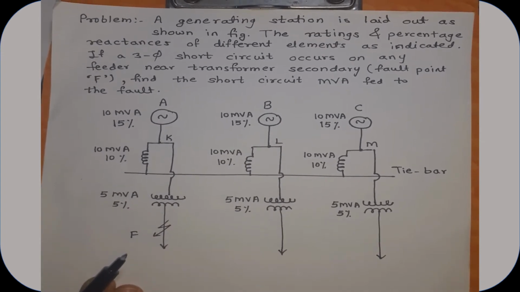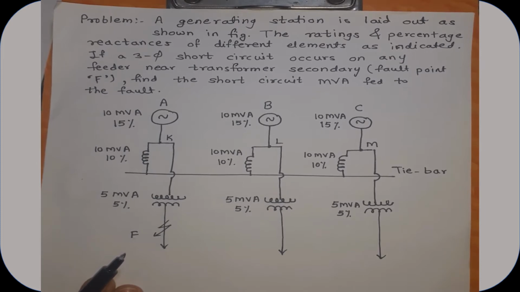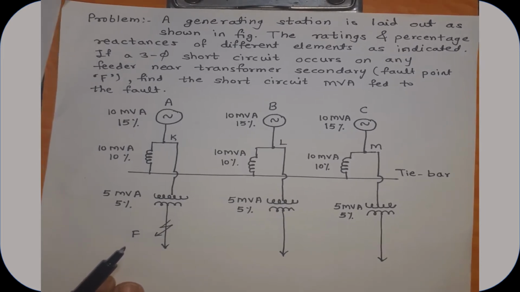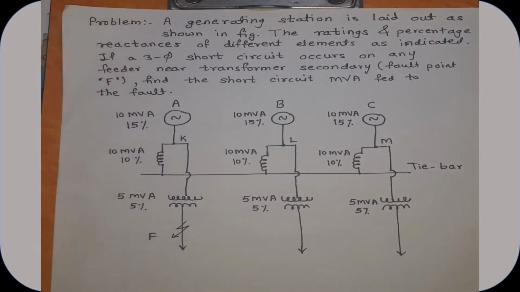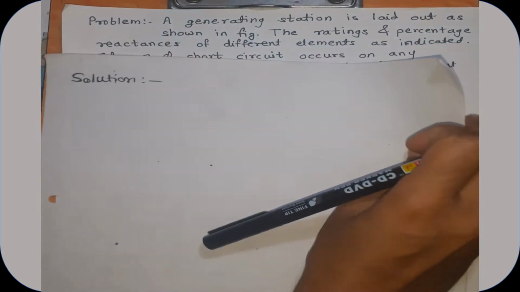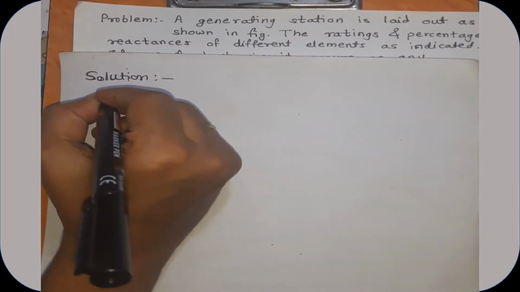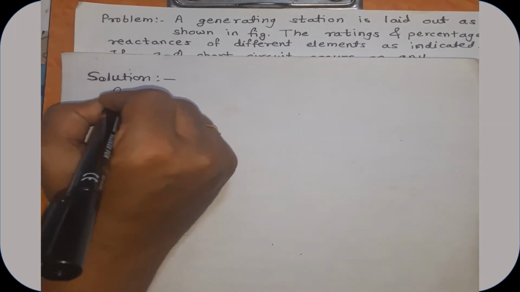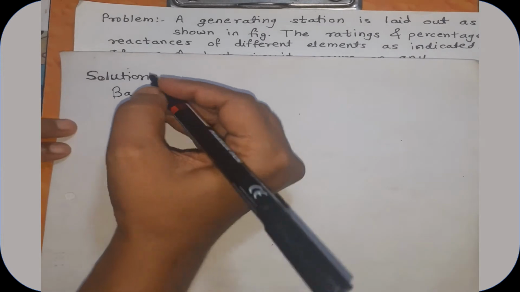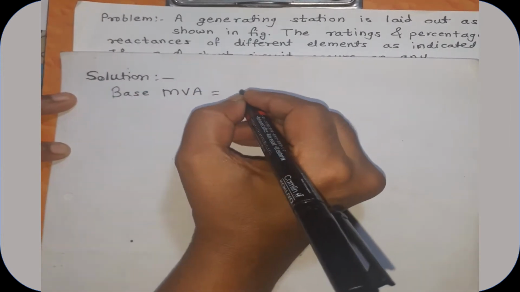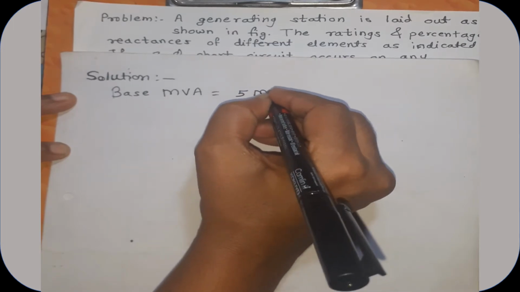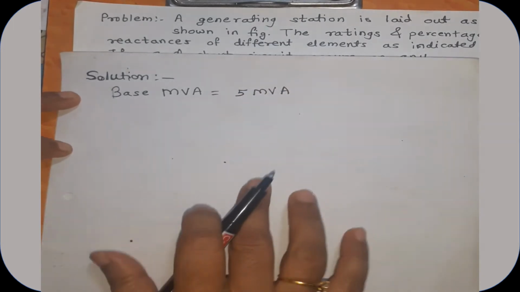The next step is we need to select base kVA or base MVA. So let us choose base MVA equal to 5. I am considering here 5 MVA as a base.